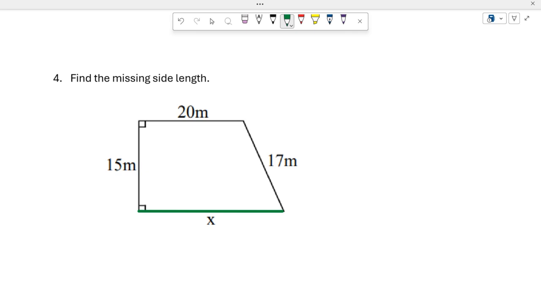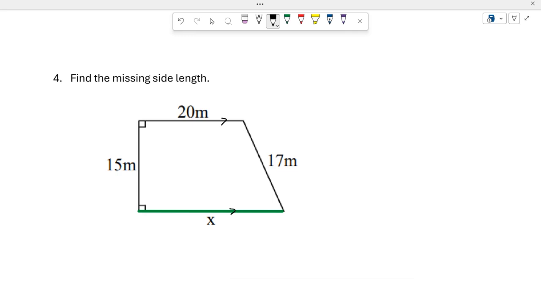This shape is a trapezoid. It's a right trapezoid. You don't necessarily need to know that in order to solve this problem, but this is a trapezoid, which means it has one pair of parallel sides, exactly one pair. And I want to find the fourth side of this trapezoid.